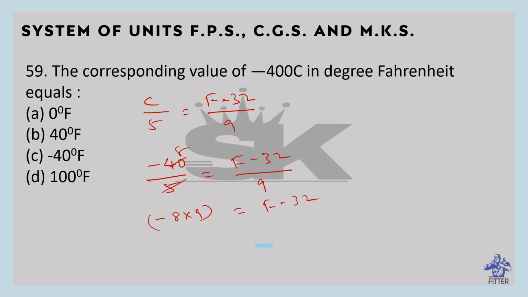So minus 72, and 32 comes here, so F equals minus 40 Fahrenheit. Where it is option C.